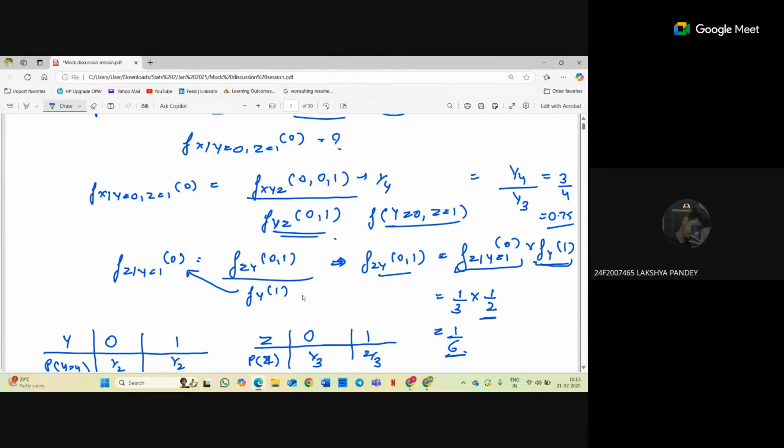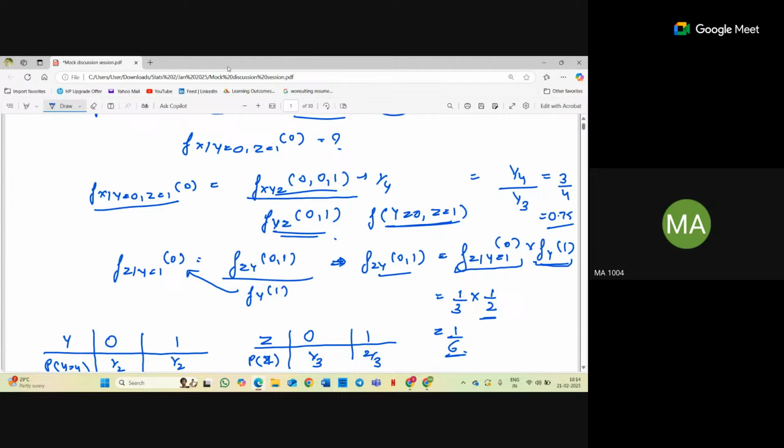Can you please summarize the approach you use in this question? See, basically, here we have been given the question, and we have just expanded it according to the formula. Now we have been given this value and we have to find out this value. For that, we need to know a joint PMF.